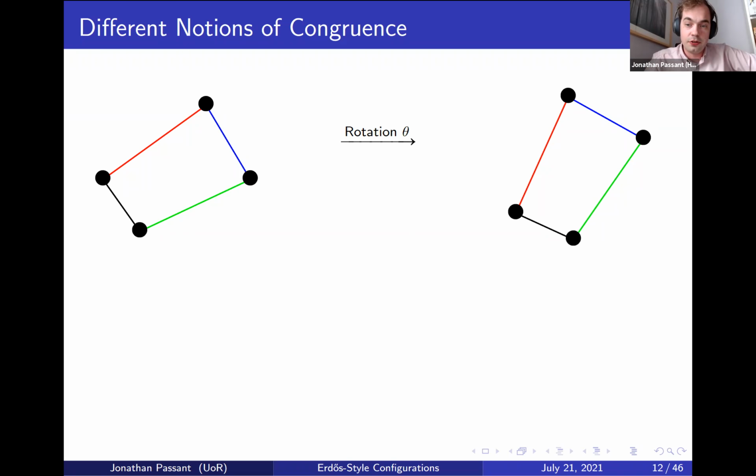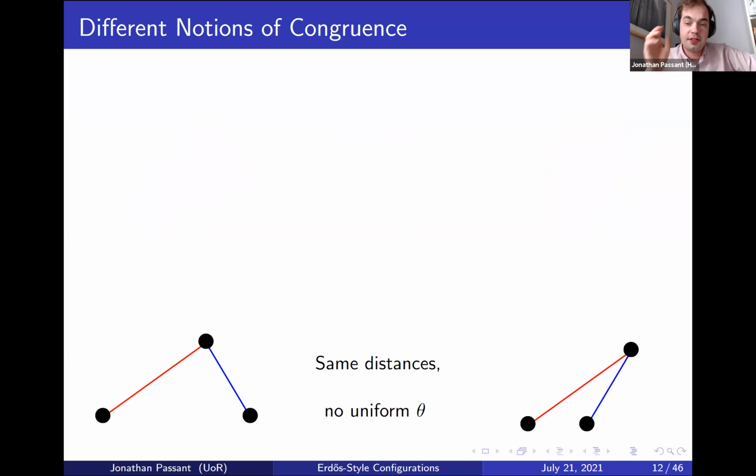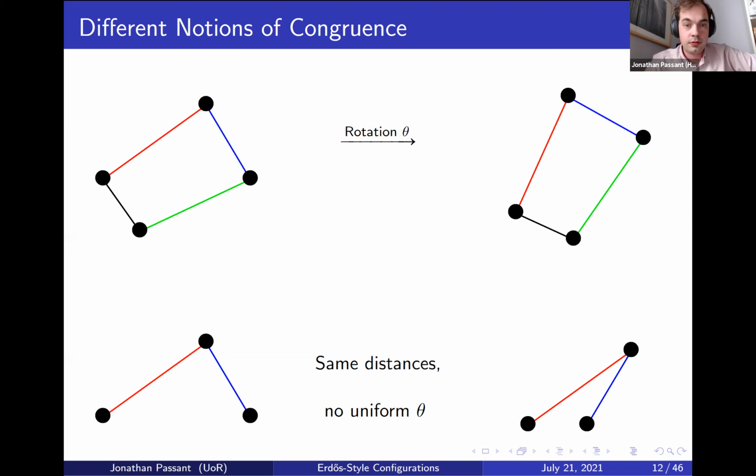The second notion of congruence says, I don't want to necessarily specify a uniform motion, I just want to talk about the distances. So I specify some number of distances internally, and they're congruent if these specified distances are the same. These coincide for triangles, but they don't coincide for larger configurations.